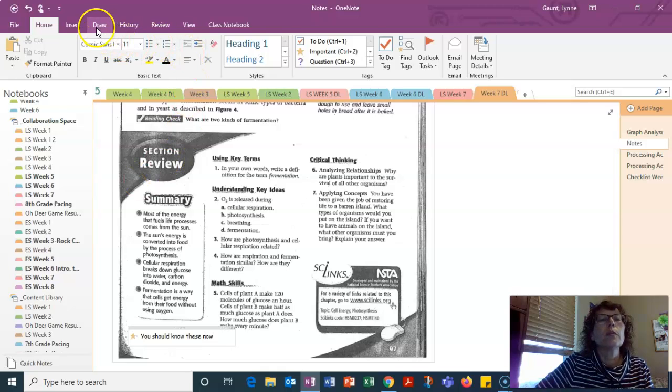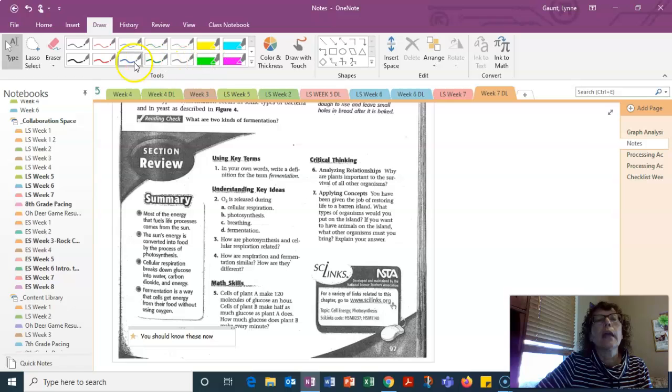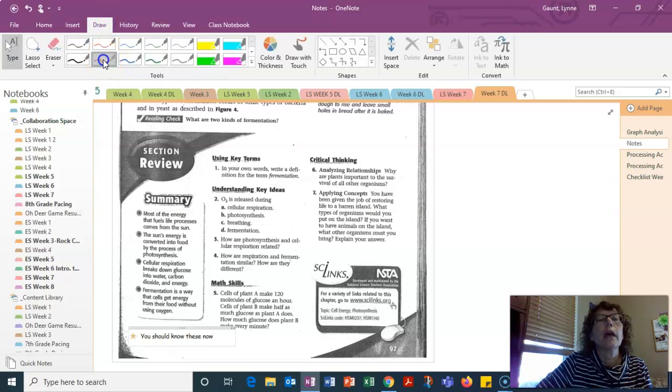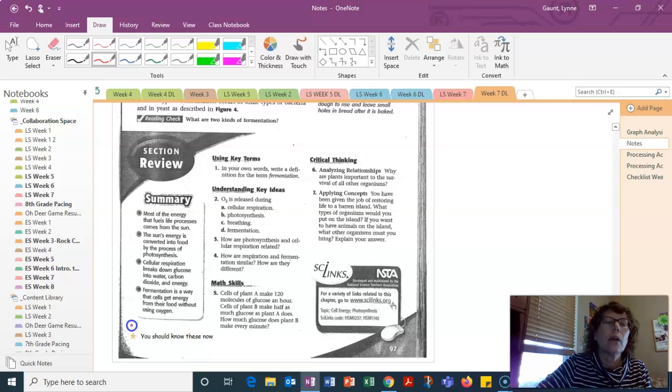And then I'm going to use my draw tool and a fat red this time, and I'm going to draw an arrow up to these.